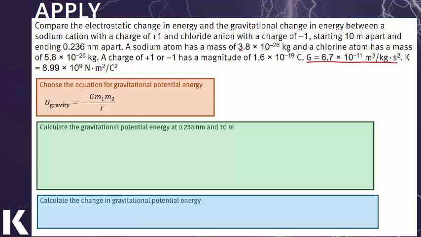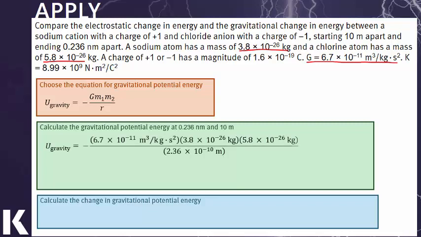Notice that we are given the mass of sodium and the mass of chlorine in this question, and then over the radius. So we'll start with our final distance of 0.236 nanometers. Notice we also need to get that in meters because G is also in the units of meters. And then we'll plug in all of our values, and this will give us our final gravitational potential energy.